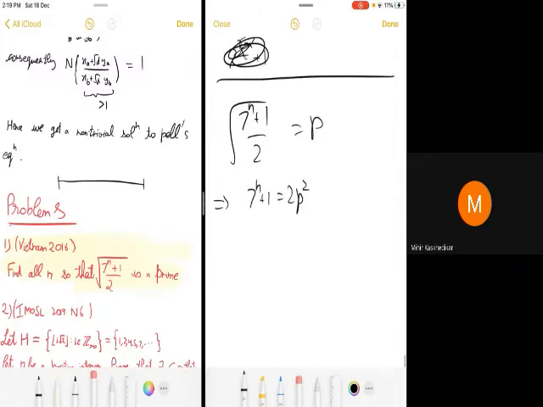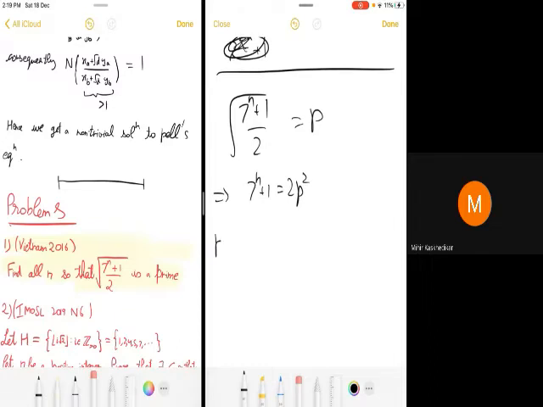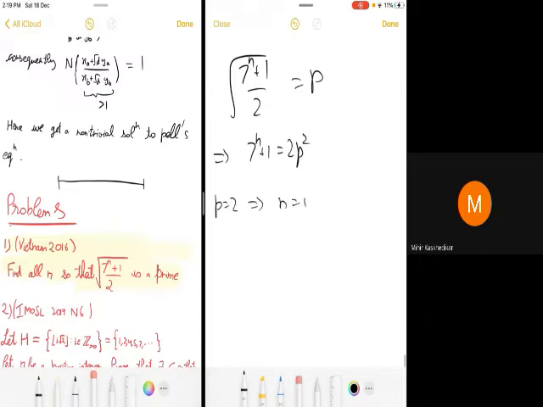Now if p is 2, then n is 1. If not, then p is odd, so this is congruent to 2 modulo 8, because every odd square is congruent to 1 modulo 4, so 2 times an odd square is congruent to 2 modulo 8.